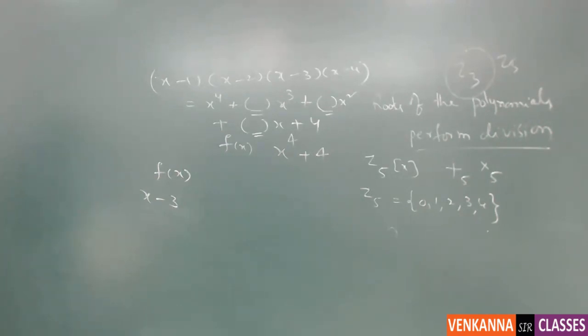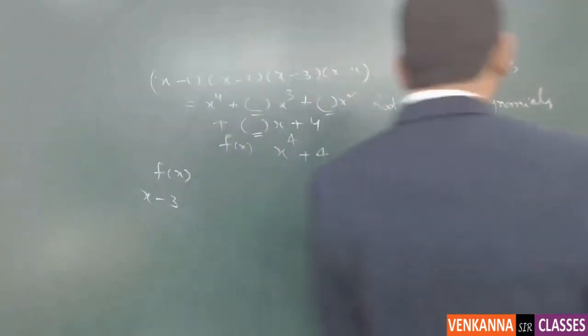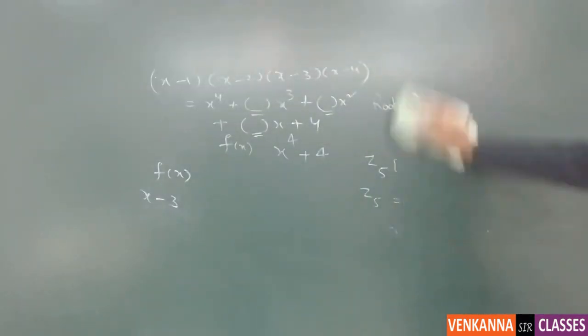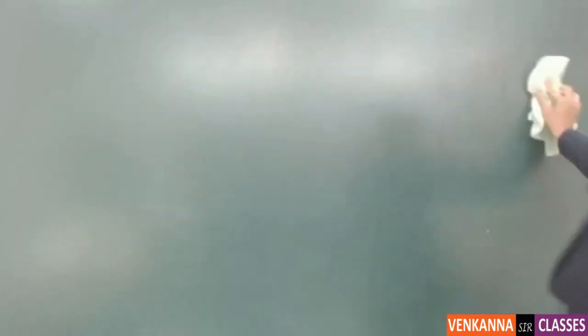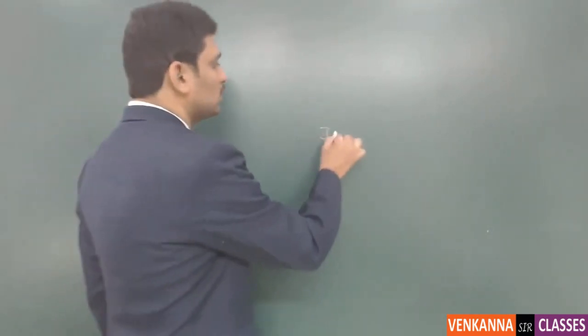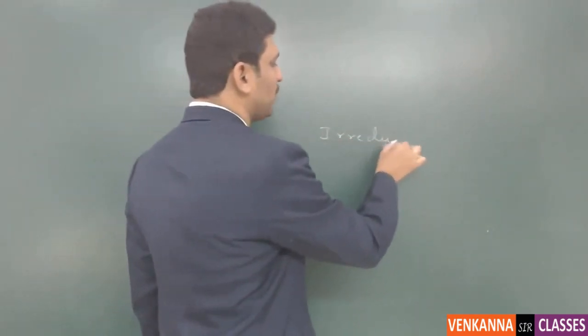And after this, we discuss one interesting thing for polynomial rings. As we know, irreducible elements and prime elements are there in a ring. In polynomial rings also we have irreducible polynomials. So what is meant by an irreducible polynomial?